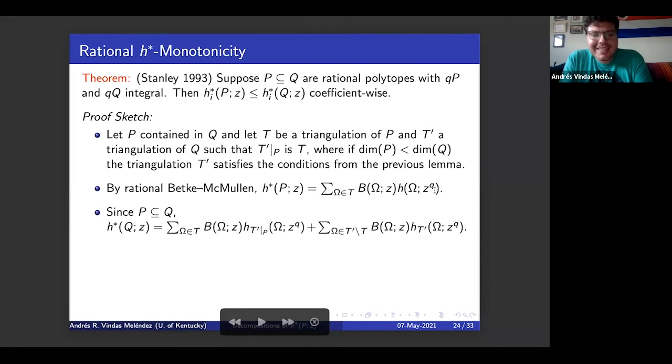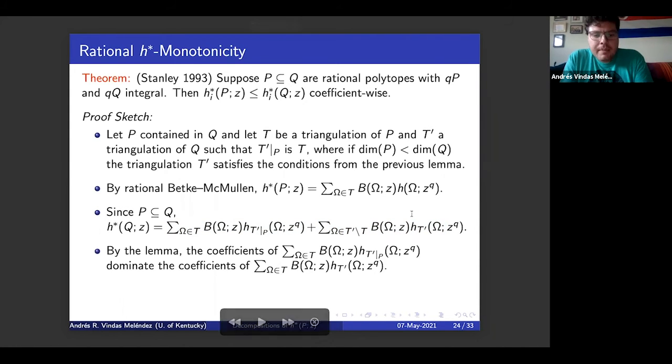Since P is contained in Q, I can write the H star polynomial of Q. Thinking about it, well, there's the stuff concerning P and then everything else outside of it. By the lemma, the coefficients of each of these corresponding parts dominate one another.